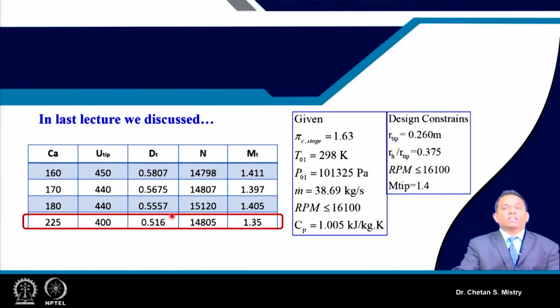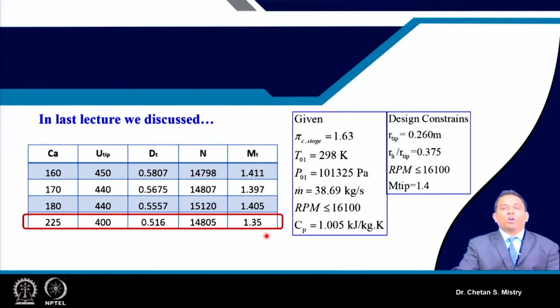That gives us a tip diameter of 0.516 meter. Our rotational speed will be 14,805 rpm, and our tip Mach number is coming within the range of 1.4, and that number is 1.35.